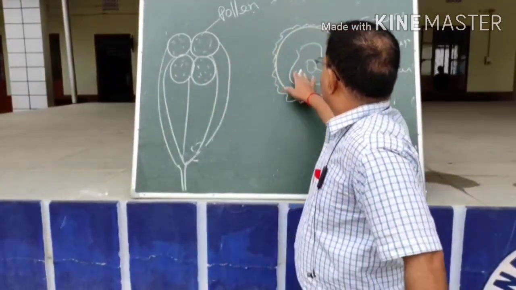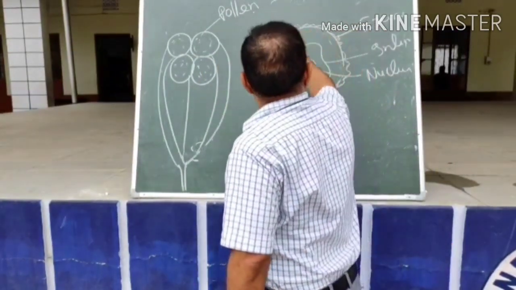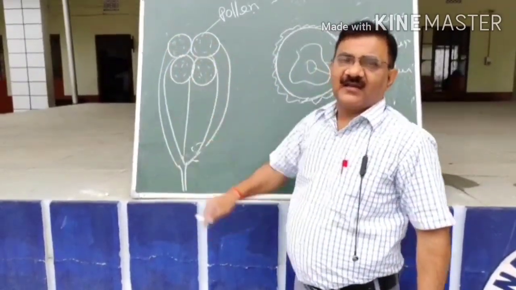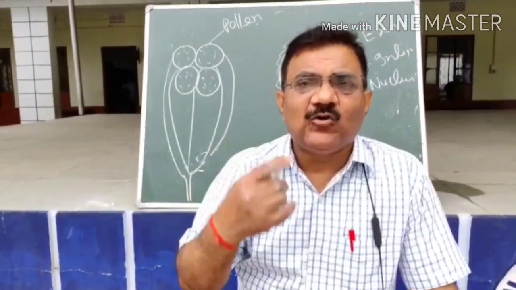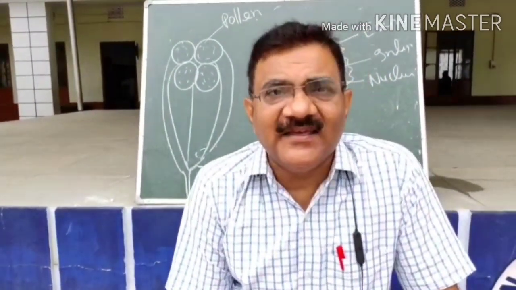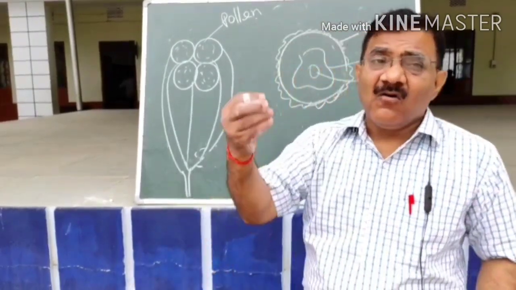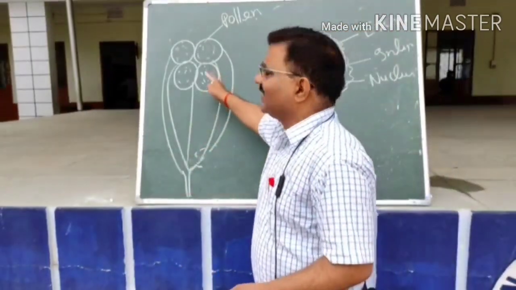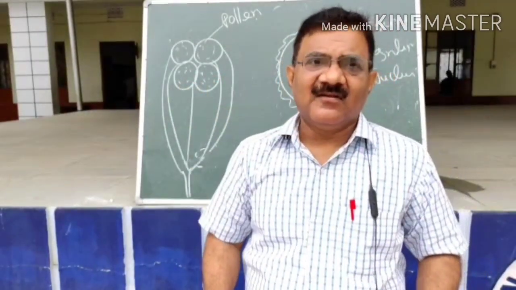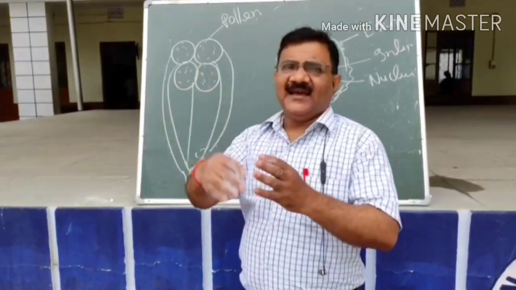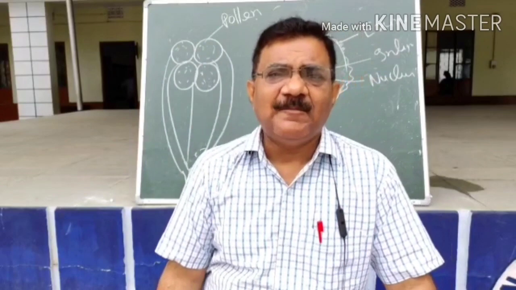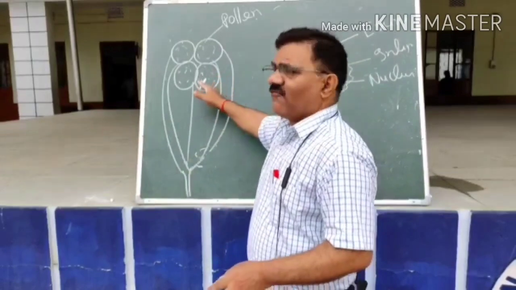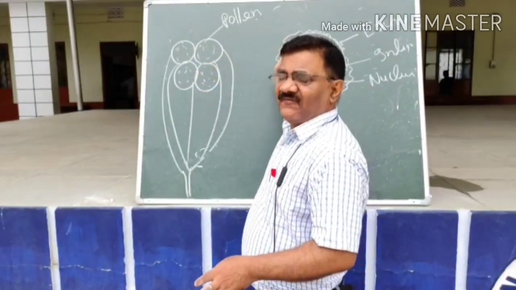So this yellow powdery material is present in these four chambers, and one lobe contains two chambers in which pollen grains are present. While insects visit the flower in search of nectar, these pollen grains stick to their wings, or by the help of air, wind, or water, they go from the male flower to the female flower.